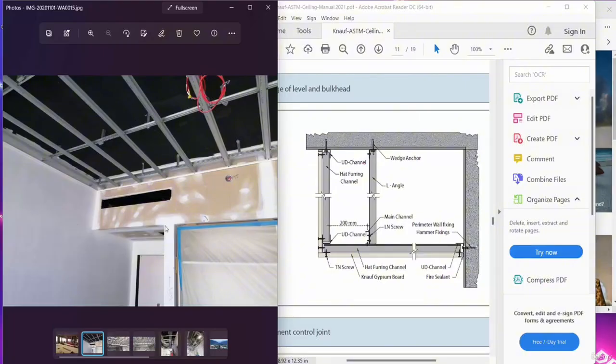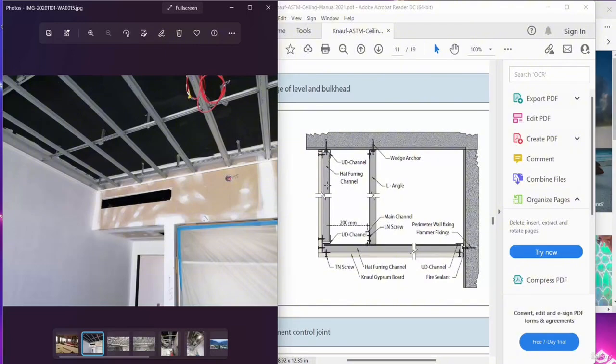This is the length, and the height here may be half a meter. This is basically the method to calculate the bulkhead length. If it is continuous in this direction, we just need to get the length from this point to this point.